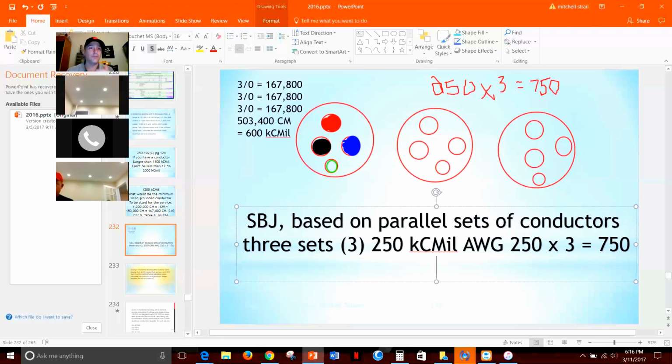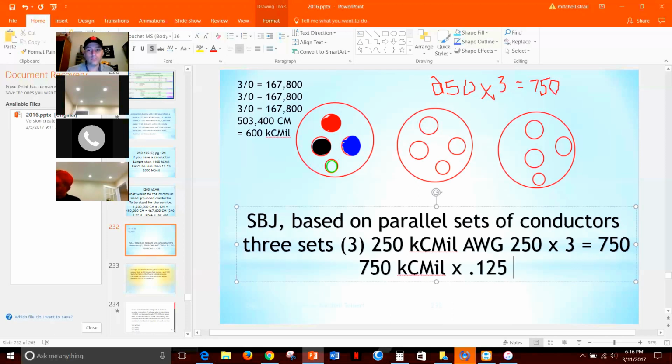Instead of using the wire size and going straight to the table, now we have to do that 12.5% business again. So I have to take the 750 kcmil and multiply that times a minimum of 0.125. I'm doing just 0.125, not the 1 in front of it.